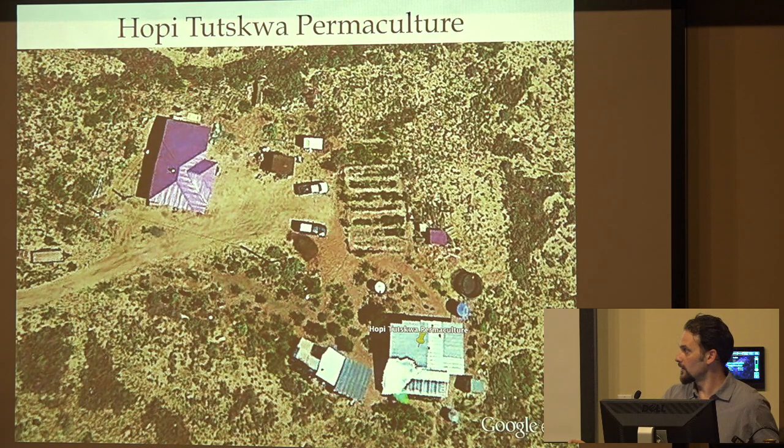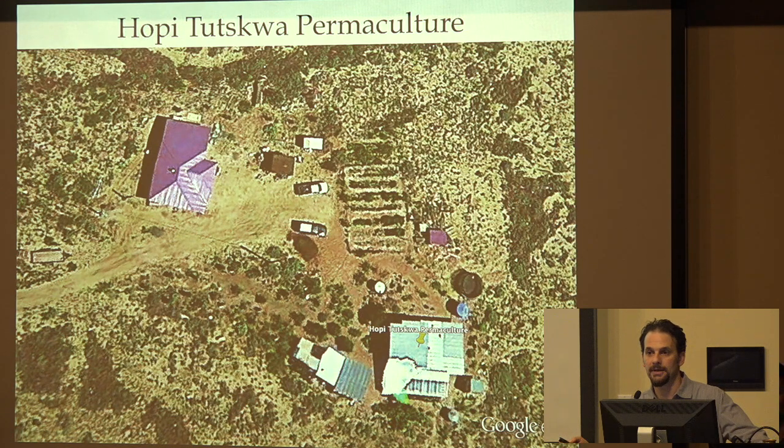This is another one from the US. This is on the Hopi reservation, Hopi Tutskwa Permaculture. And here, they actually used to have government housing, like a big trailer brought in, and people stopped building more traditional structures.